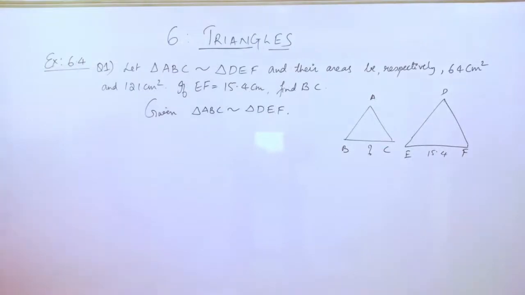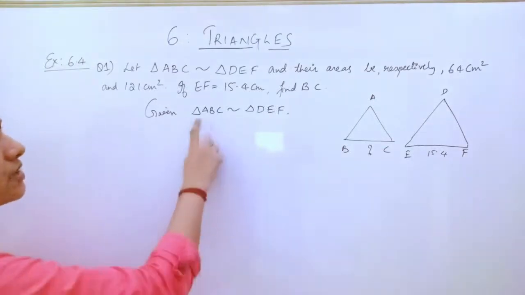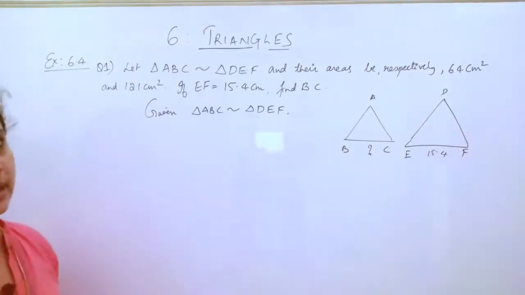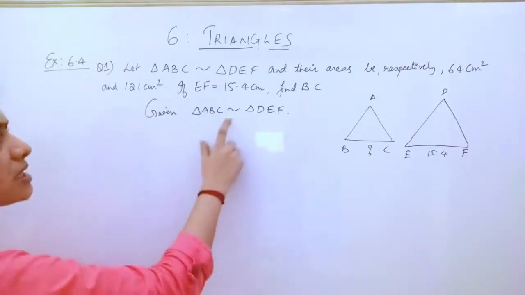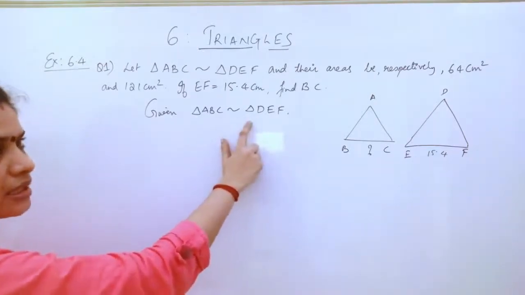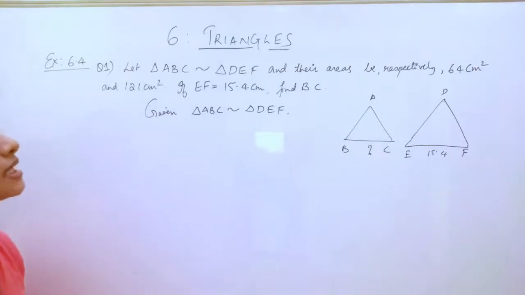So for that, the given concept is triangle ABC is similar to triangle DEF. This is given to you, and from this, since they are similar, you have the theorem that the ratio of the areas of the similar triangles will be equal to the square of the ratio of the corresponding sides.